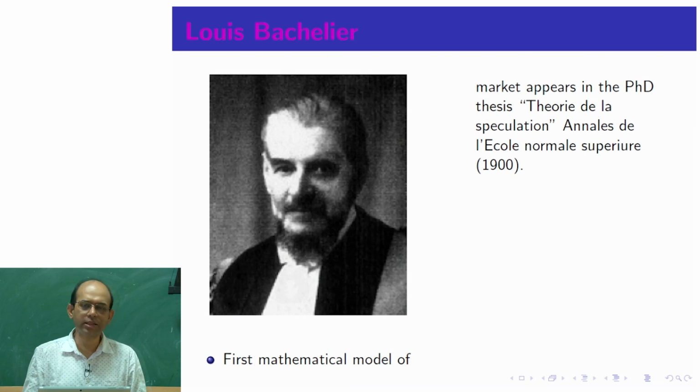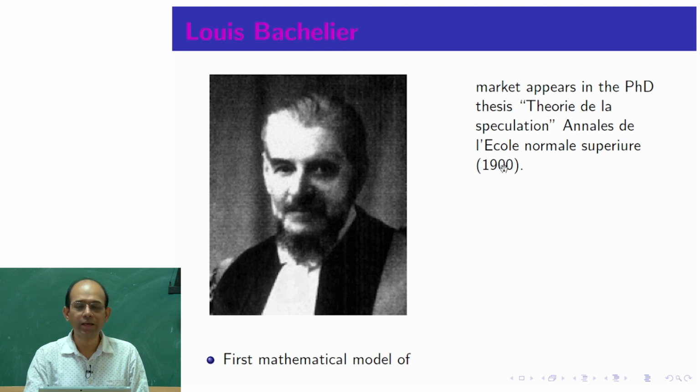First, we just recall what was the starting point of the applications of stochastic processes. Here, the first mathematical model of the market appears in the PhD thesis of Louis Bachelier. It is a very old picture of Louis Bachelier.